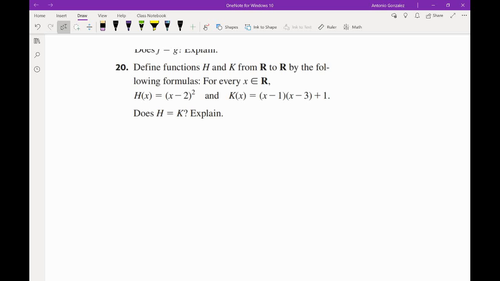Does h equal k? In order for this to be true, h equals k if and only if h of x equals k of x for all x an element of R, the real numbers.